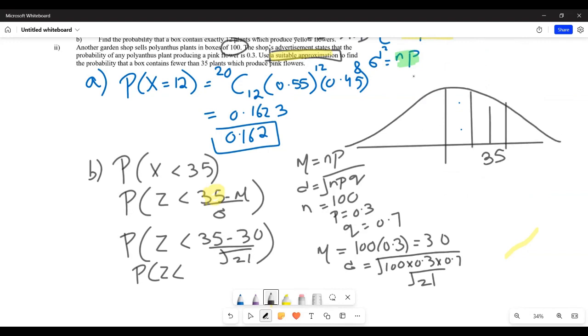Okay, so it says less than 35. So for less than 35, we have to choose 34.5. And in case it was less than or equal to 35, then you have to choose this bar, which would have been 35.5. So in this case, since it's just less than and not less than or equal to, we have to choose 34.5 minus 30 upon square root of 21.